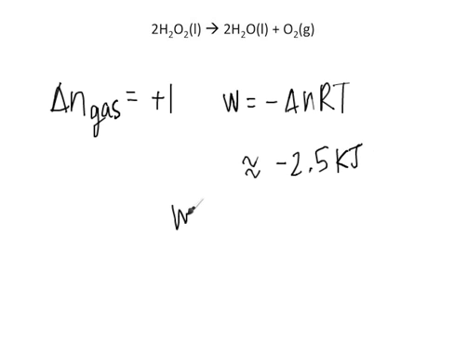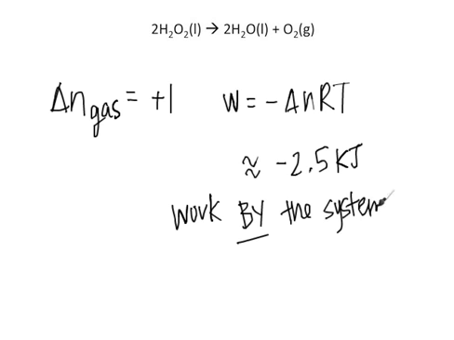So this is work done by the system. And also the delta n for the system is going to be, so 2 moles, and this is 3 moles, so it's also going to be plus 1, 3 minus 2.